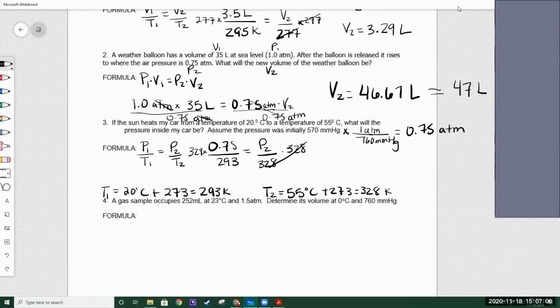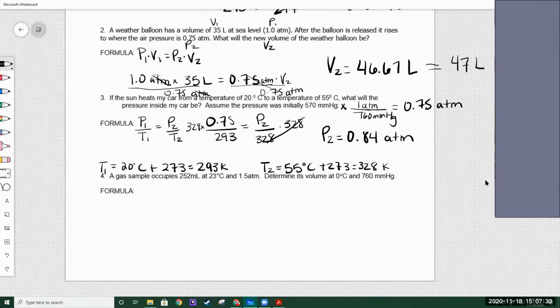And I would have a pressure of 0.84 atmospheres, which makes sense because they're directly proportional: if our temperature goes up, our pressure should go up.